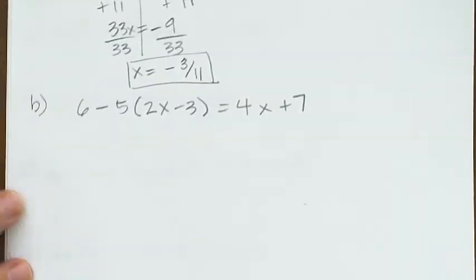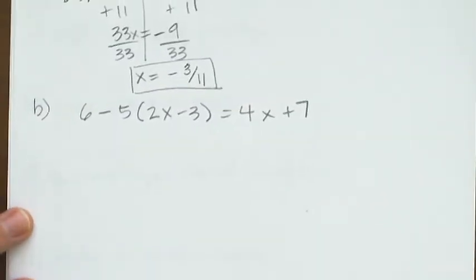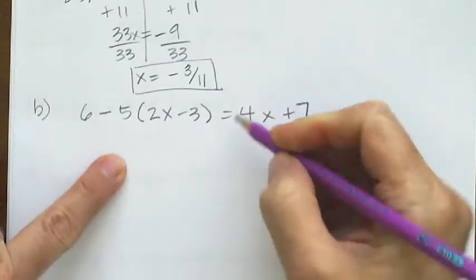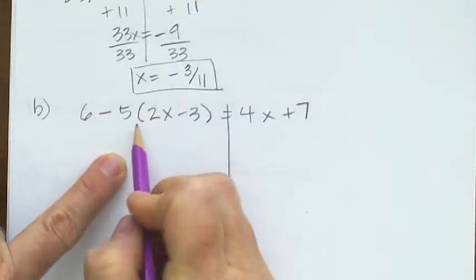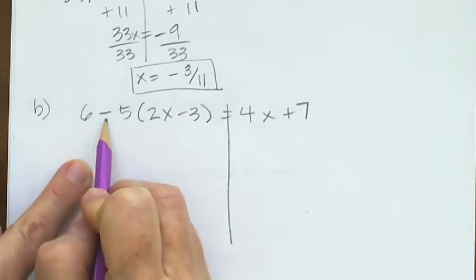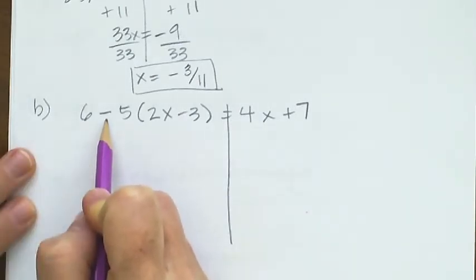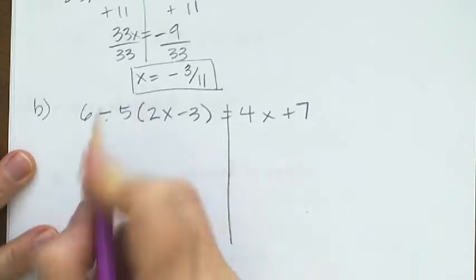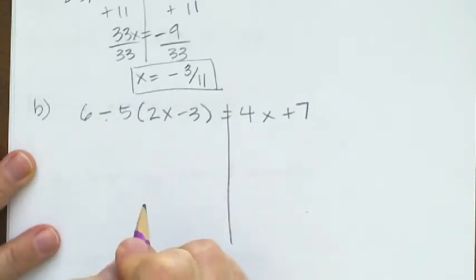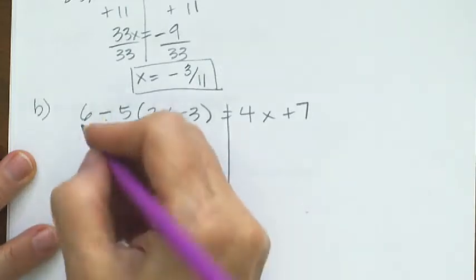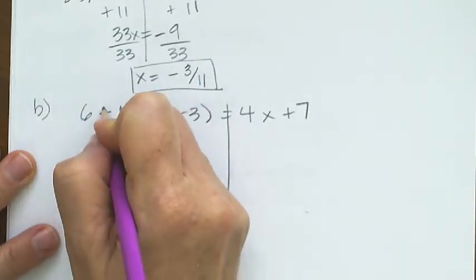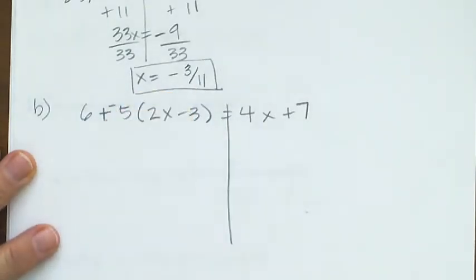For part B, we've got distributive property, and we've got x's on both sides of the equation. So let's go ahead and distribute first. Here's another issue that people have when they see a minus. Remember that that minus is actually adding a negative. So you don't have to write this on your paper, but if it helps you, you can think of this as plus -5.